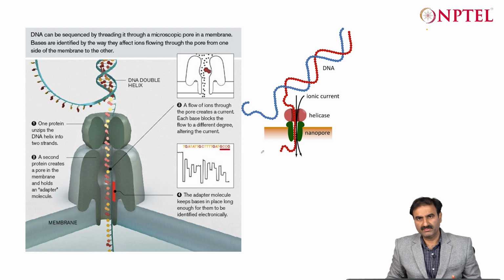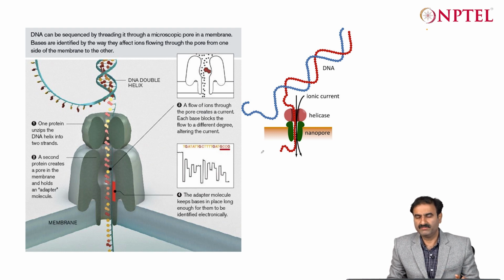The technology here is not polymerase dependent. DNA passes through the nanopore and changes the flow of ions through that pore, which produces a signal that you detect and use to call the bases. We have covered this technology earlier in the case of the eukaryotic genome.